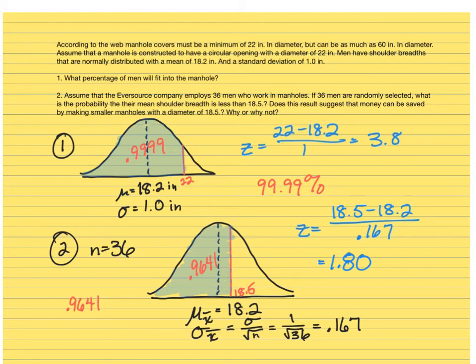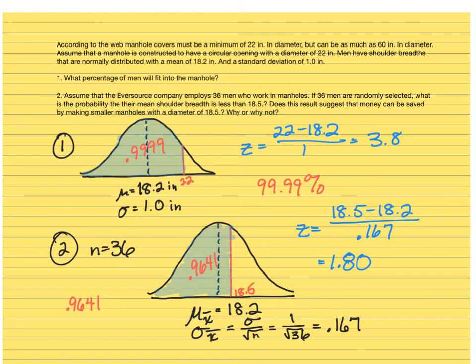It's quite wrong. Let's try that again. For the bigger manholes, the area is 380 square inches. Okay, 380 square inches of material that you have to use to create the bigger manhole.